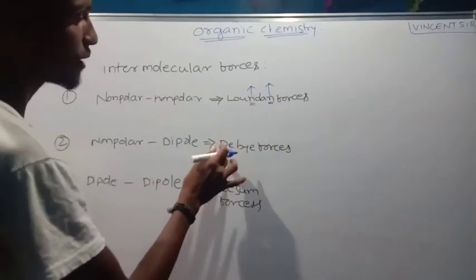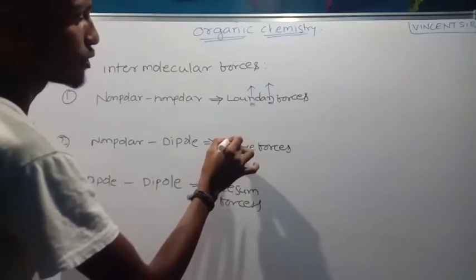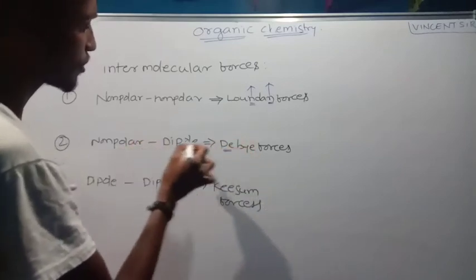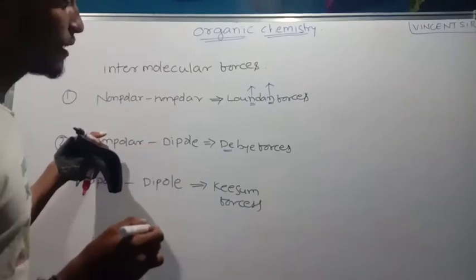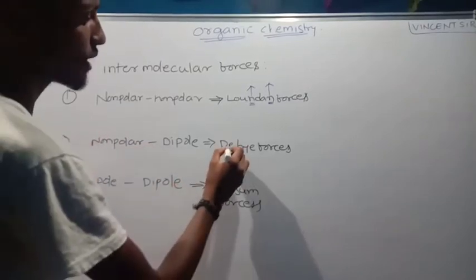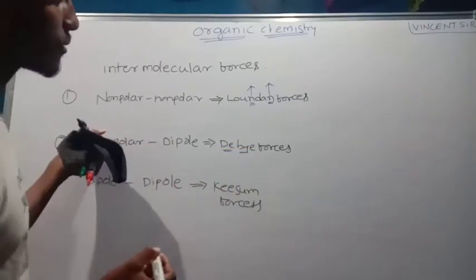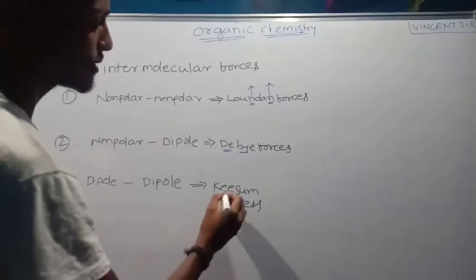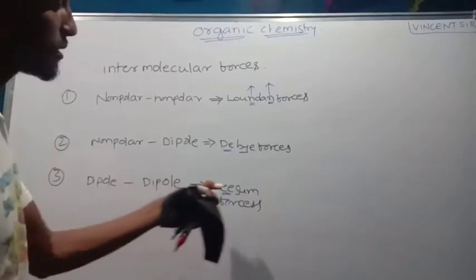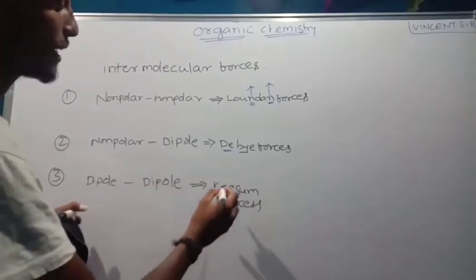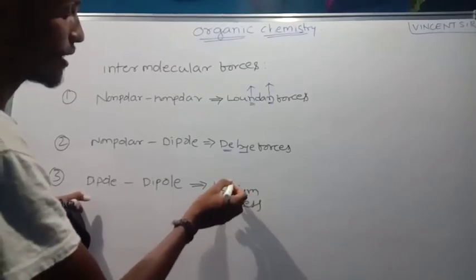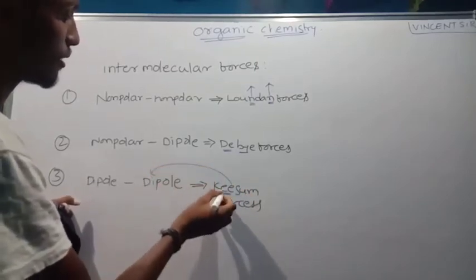D means one dipole will be there, and due to the dipole another non-polar molecule will be influenced. Keesom means dipole and dipole, those having the same, like dipole and dipole.